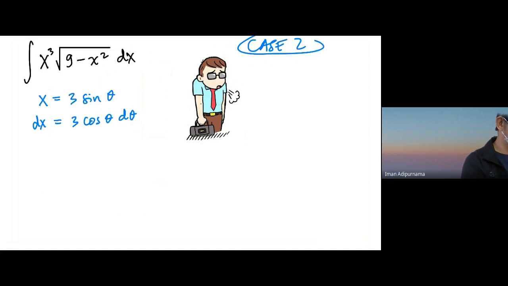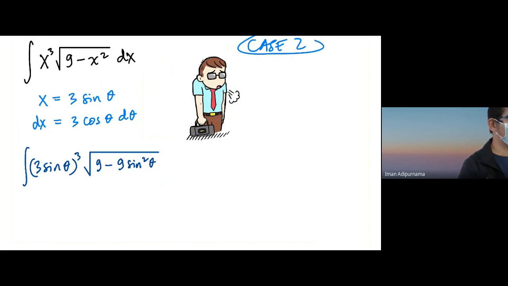Then we can exchange all x with 3 sine theta. So this will be 3 sine theta to the power of 3, and 9 minus 9 sine squared theta.